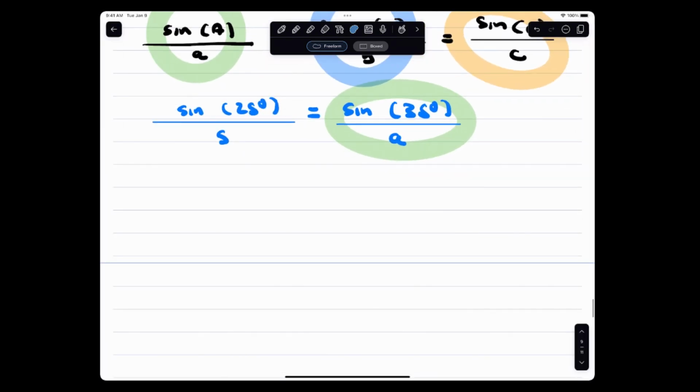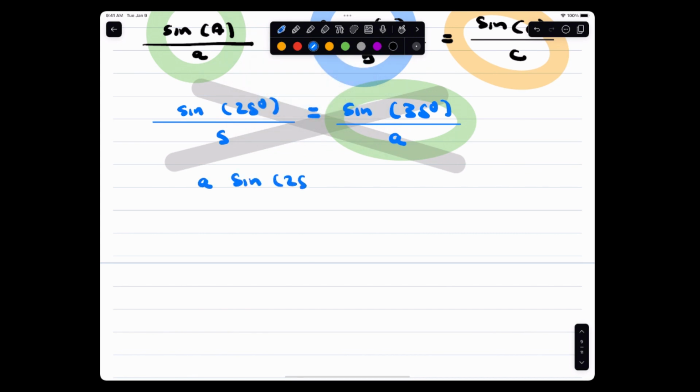So we're going to have to now cross multiply. Is that right? So you get what? A sine 25 degrees becomes what? 5 sine of what? 35 degrees.